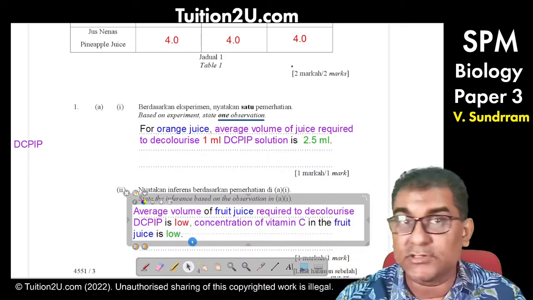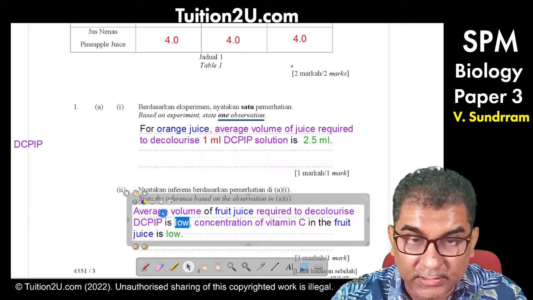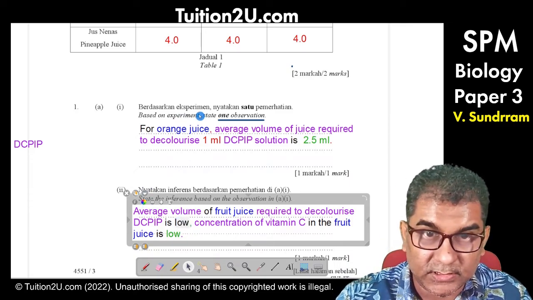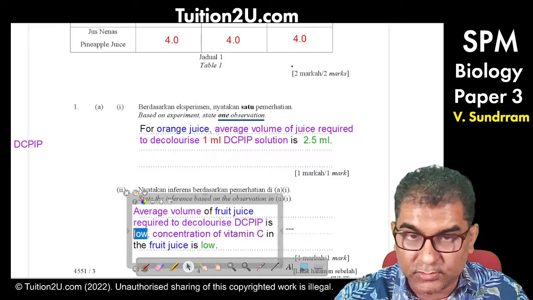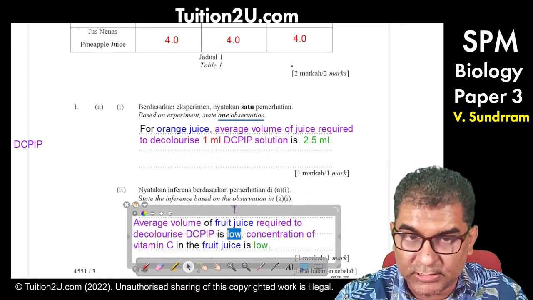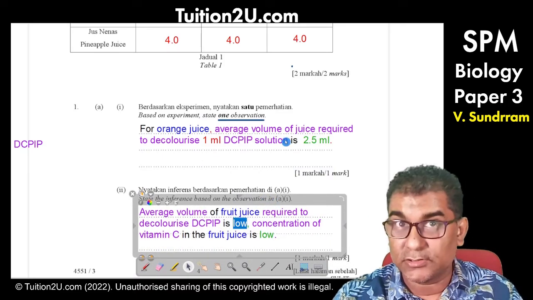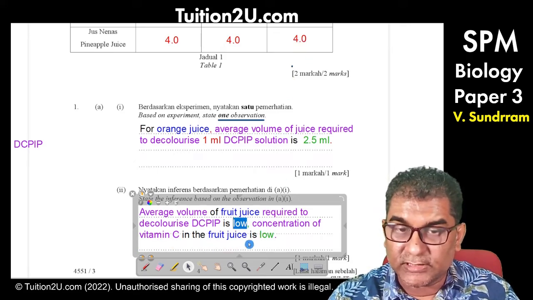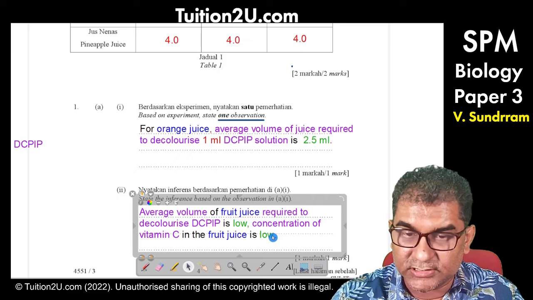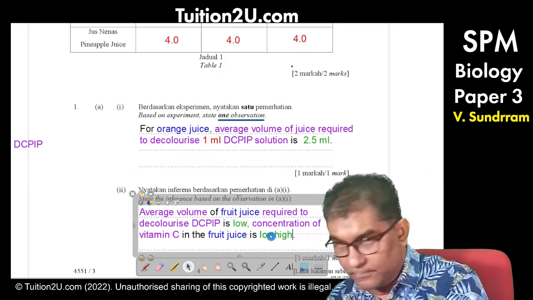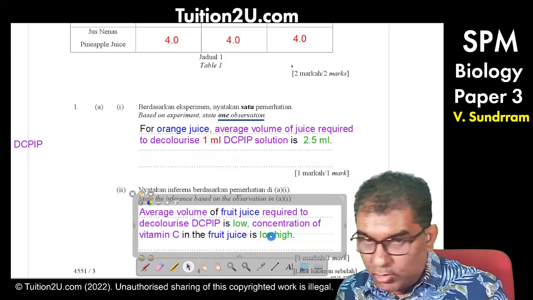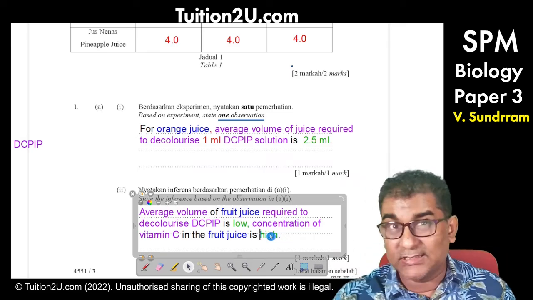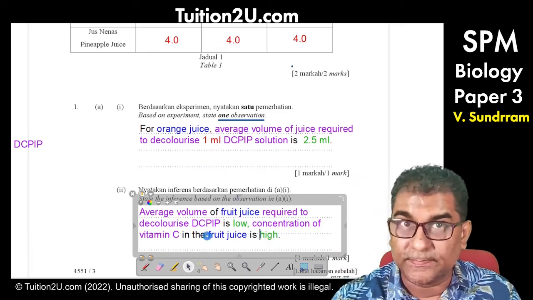It's low. And why is this low? We need to change the color. Okay, so the average volume of fruit juice required to decolorize DCPIP is low. You compare to 4.0, it is low. Concentration of vitamin C in the fruit juice is high. Take note, the lower the volume of fruit juice, the higher the concentration of vitamin C.